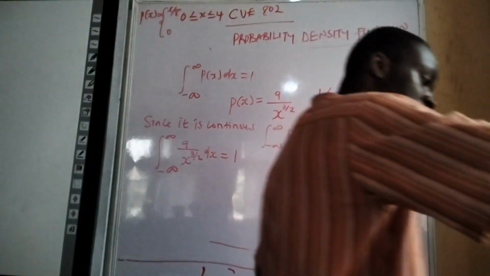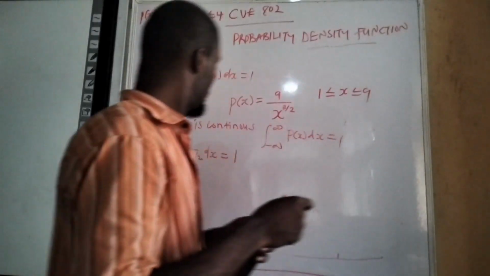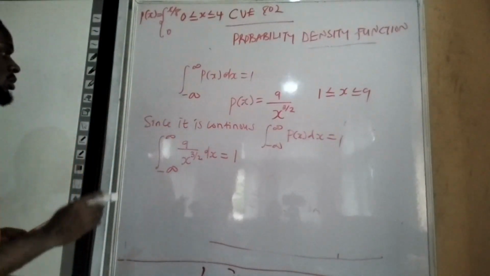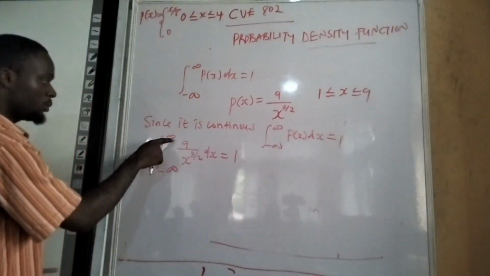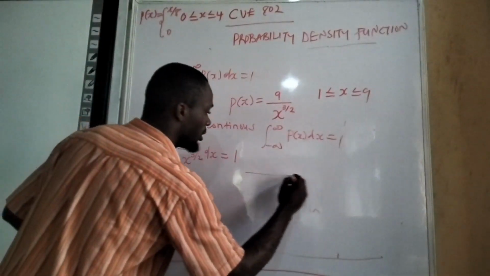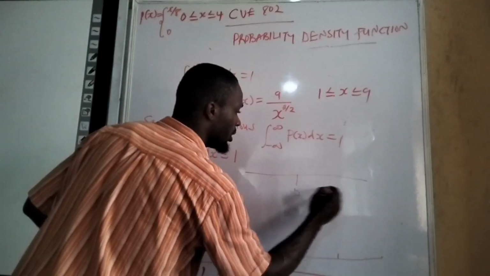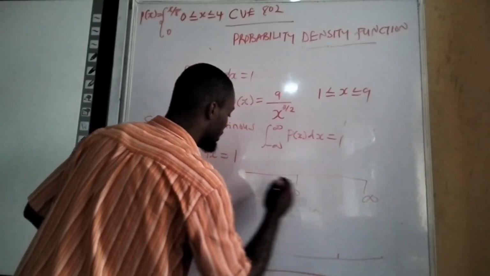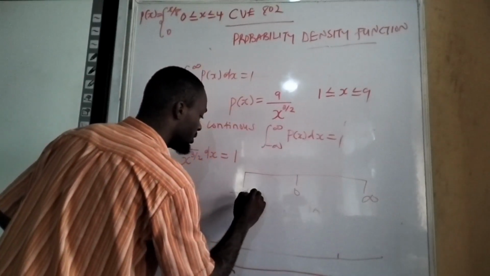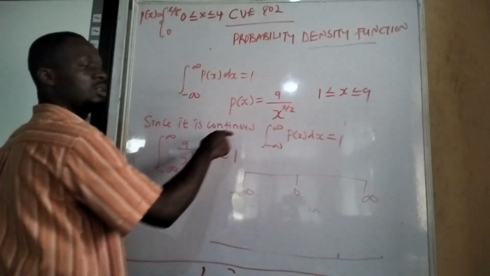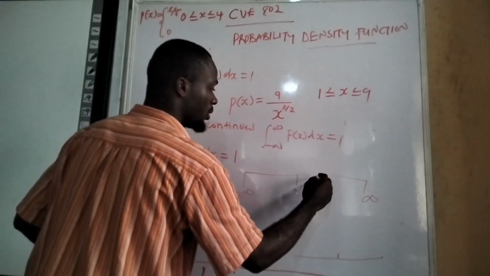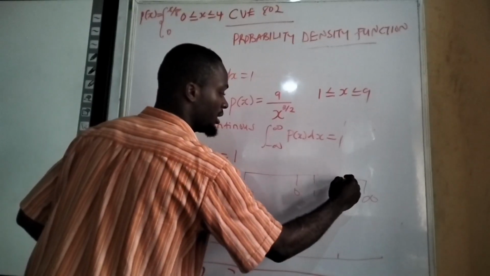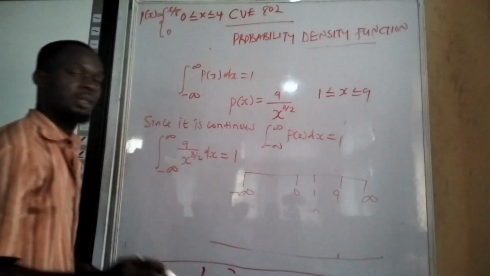So the next thing to do now is to put this on our number line. Let's put 0 here, this is infinity, this is negative infinity. And the range for this function is from 1 to 9. Meaning that 1 is here and 9 is somewhere here.